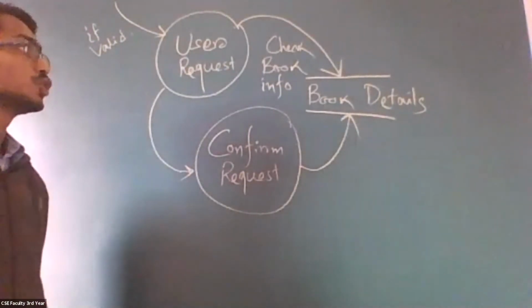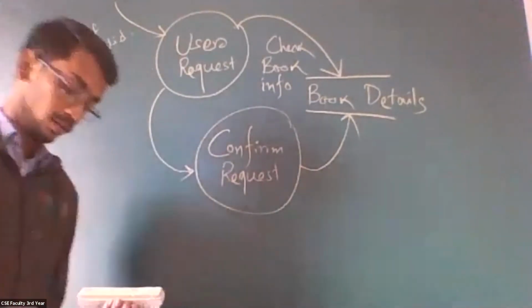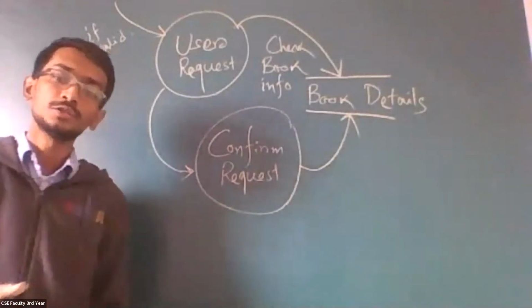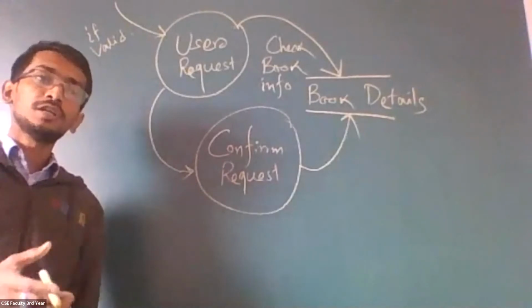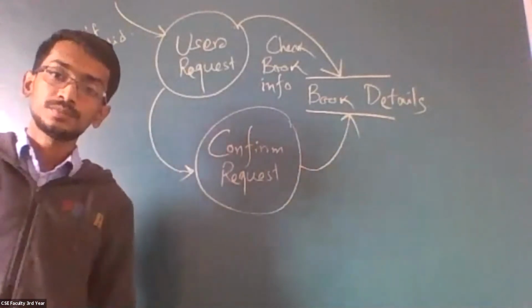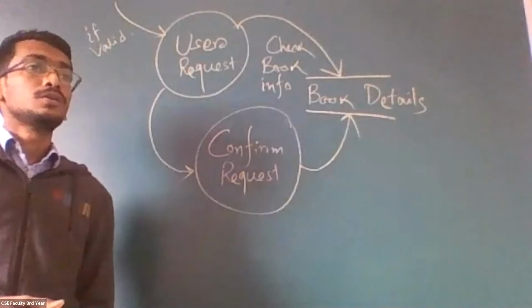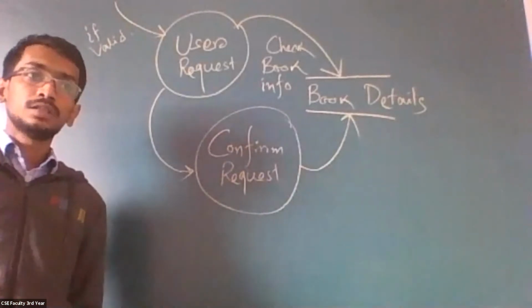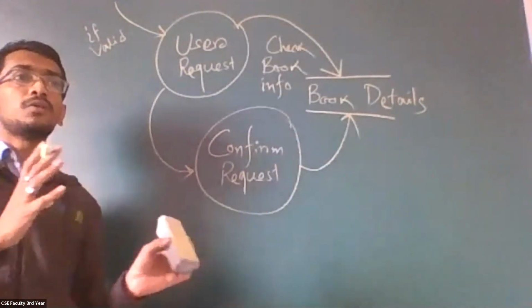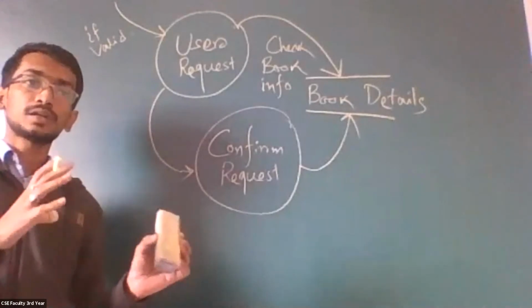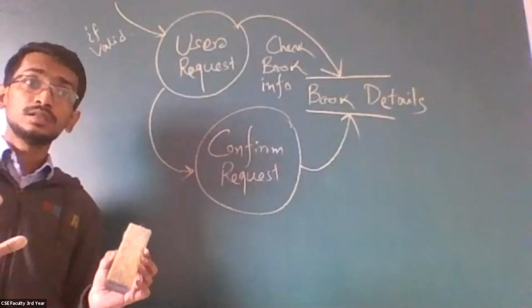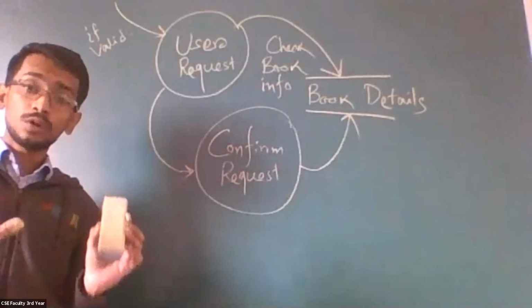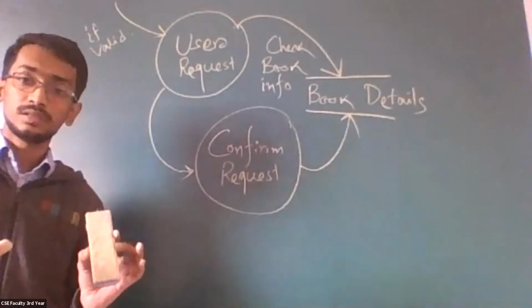Whenever you are drawing a DFD at any level, in your question you will get something like: draw a DFD for an ATM service. You have to think about which will be our processes, and whether the process I am choosing is actually justified.